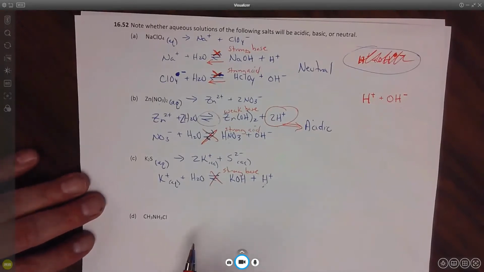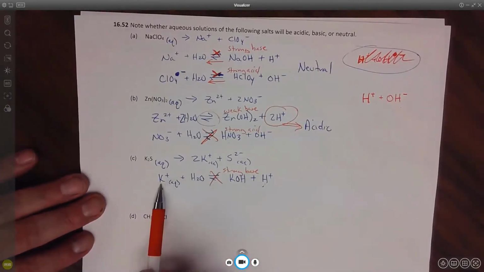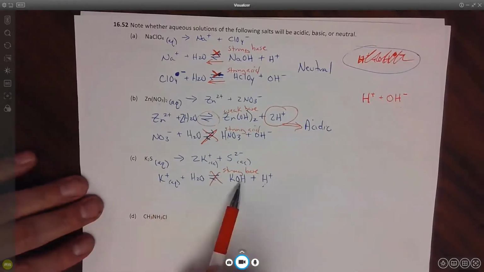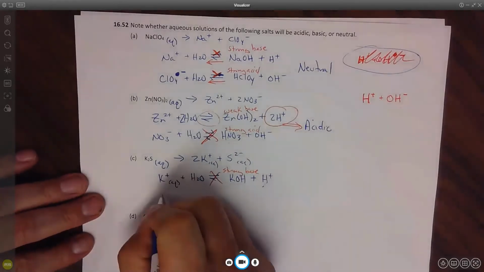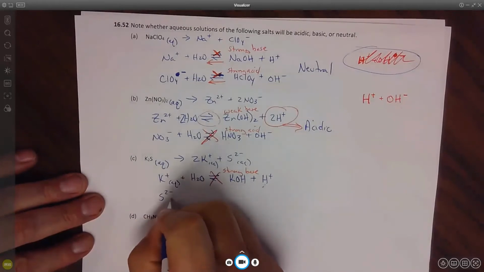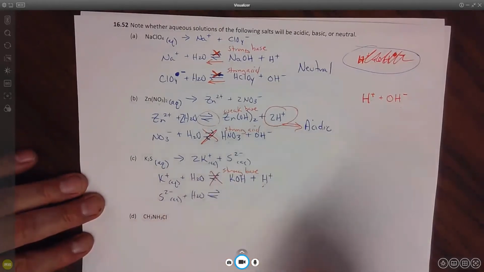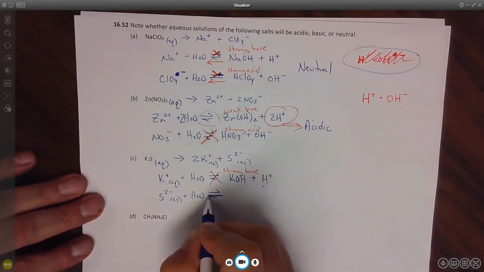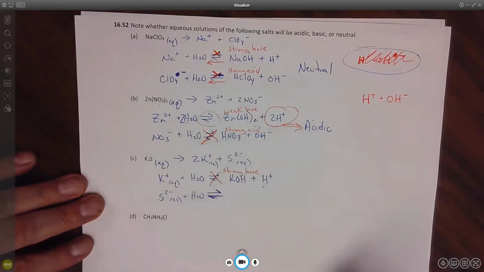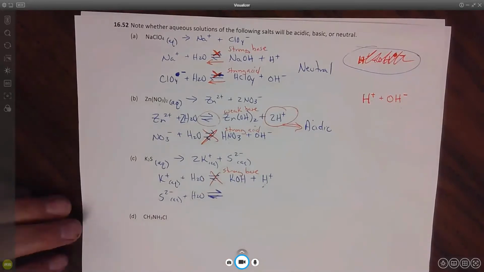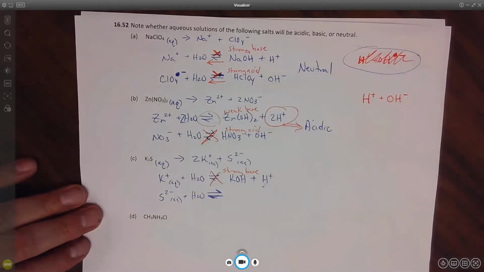Okay, so yes, it's not going to happen since that is the conjugate acid of a strong base. It's not going to hydrolyze. But what will the sulfide form when it reacts with water? H2S.